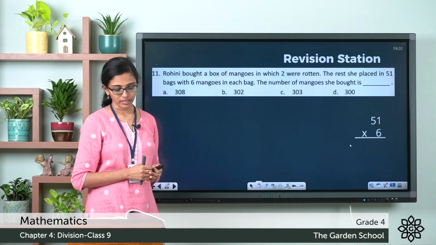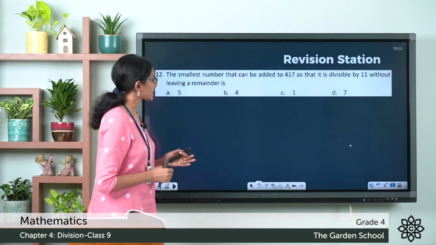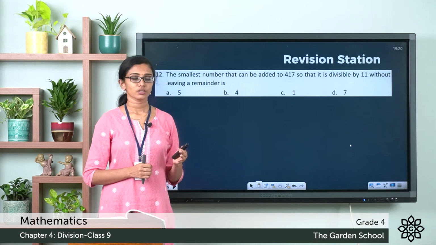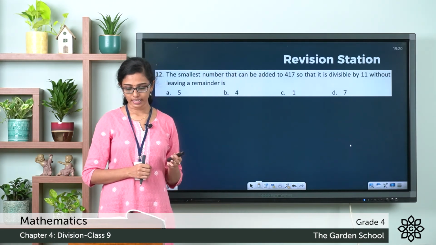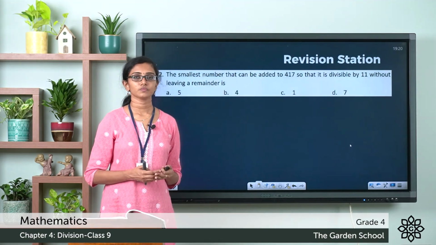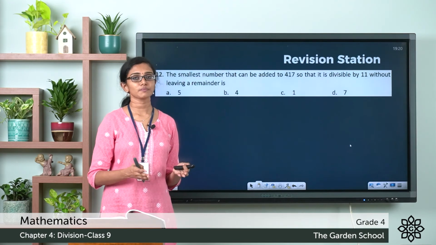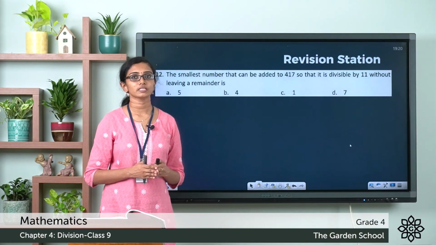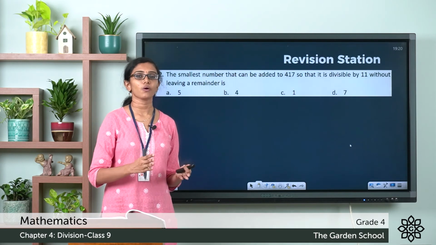Now the next question says, the smallest number that can be added to 417 so that it is divisible by 11 without leaving a remainder is. So, what is the divisibility rule for 11? For a number to be divisible by 11, the difference of the sums of the alternate digits must be either 0 or 11.